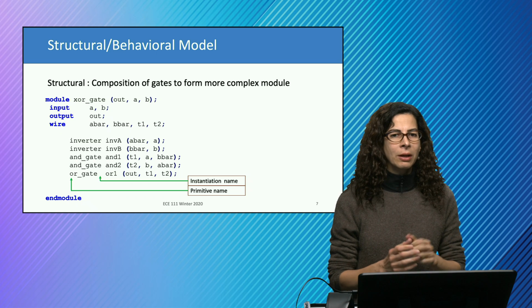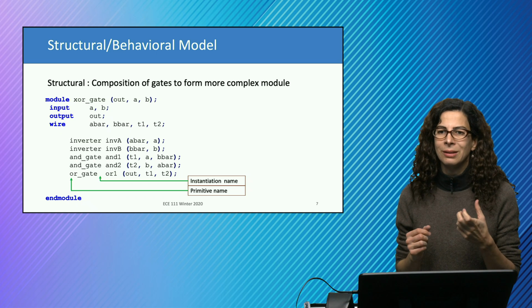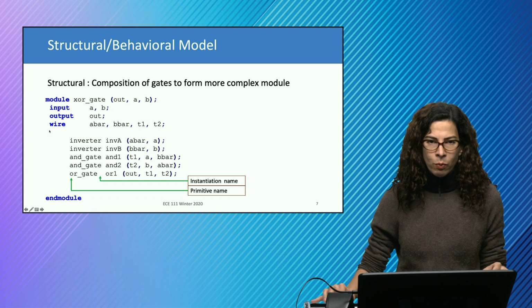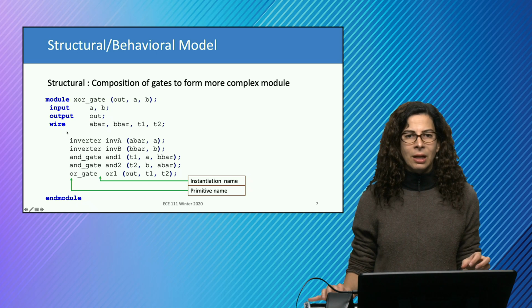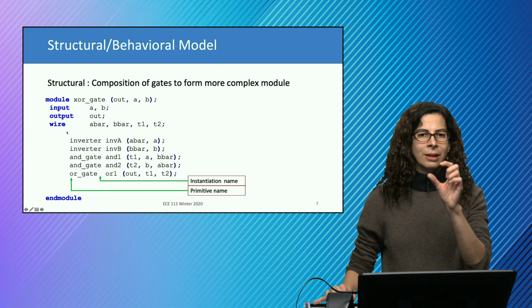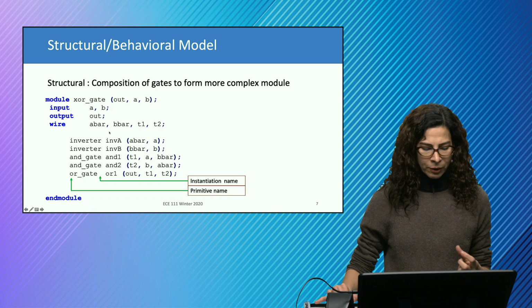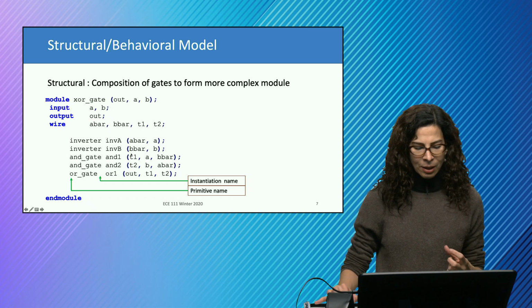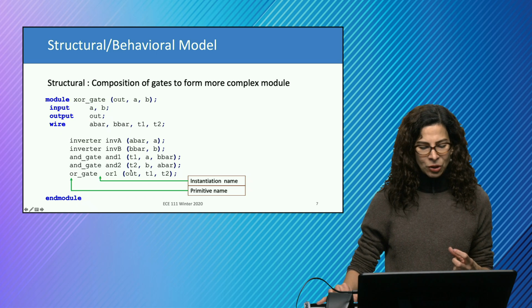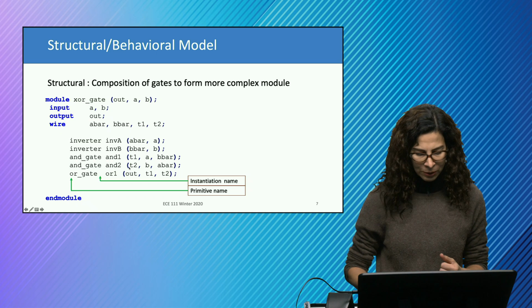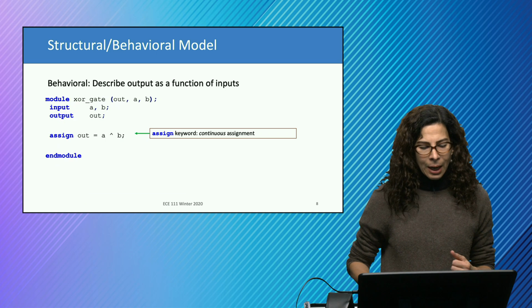But the important point to take from this slide is the notion of a wire. These wires are the points that connect the internal points in the design to each other. For example, the AND gates are connected to T1 and T2, which are the outputs of these AND gates going to the last OR gate, which implements this design.